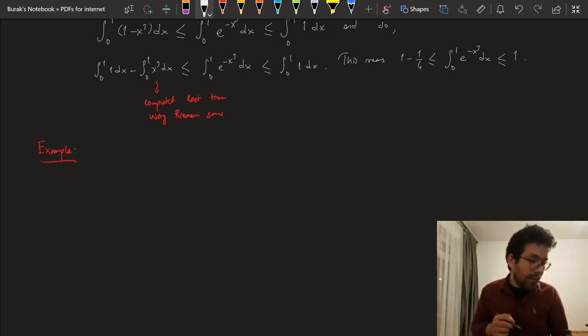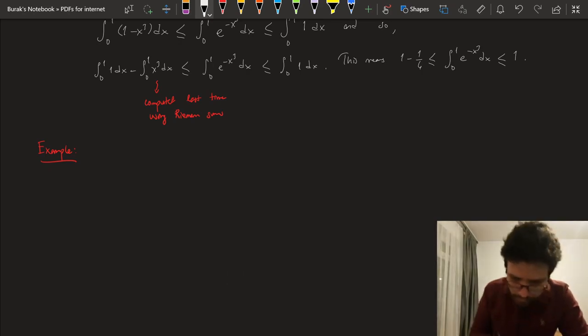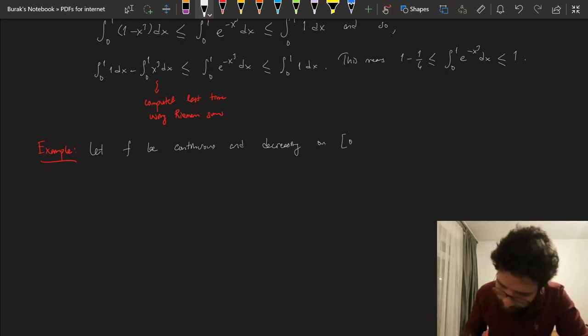Okay, so here's another question that I want to solve. Let f be continuous and decreasing on the interval, let's say 0, 3.